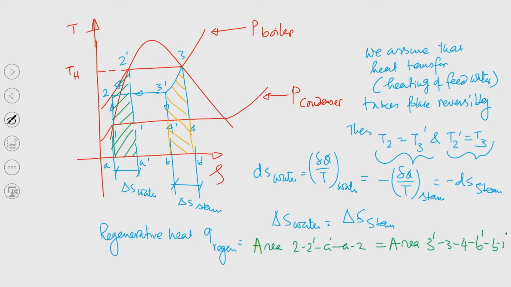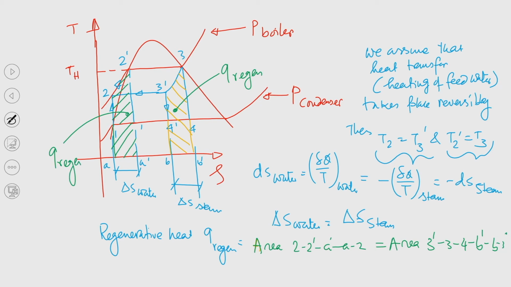So, this is the area. That is, I am writing, this is Q regen. This is also Q regen. Okay.